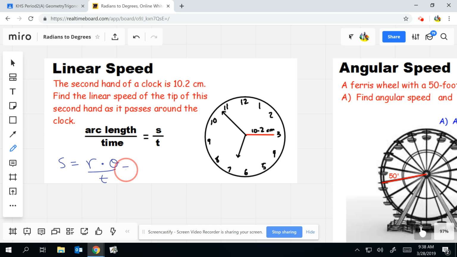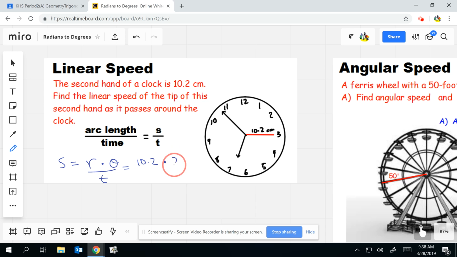So what's the radius of my clock? The radius of my second hand is 10.2. How many radians are we going, all the way around the circle? 2 pi. Yeah, 2 pi radians gets you around the circle.